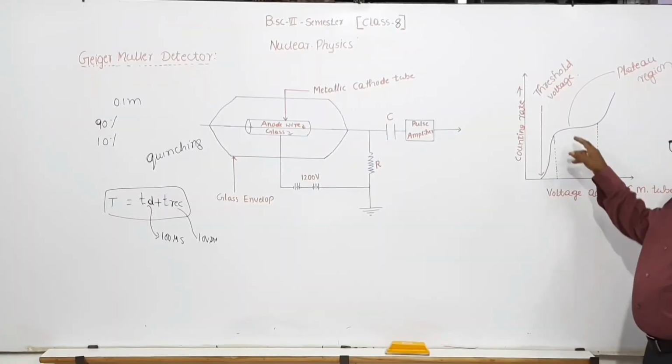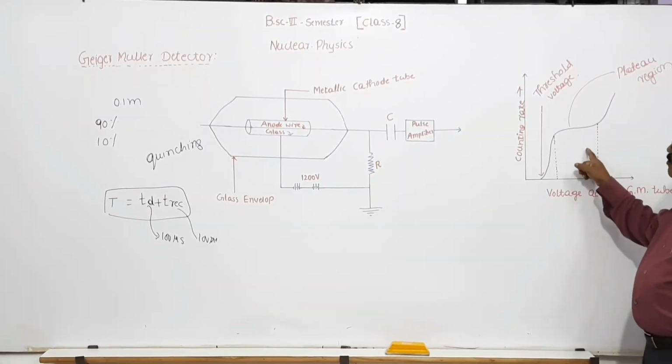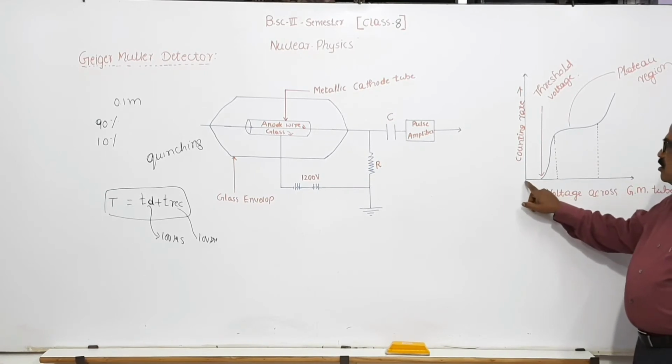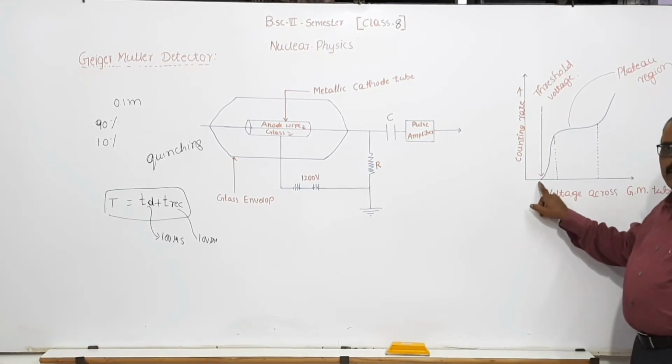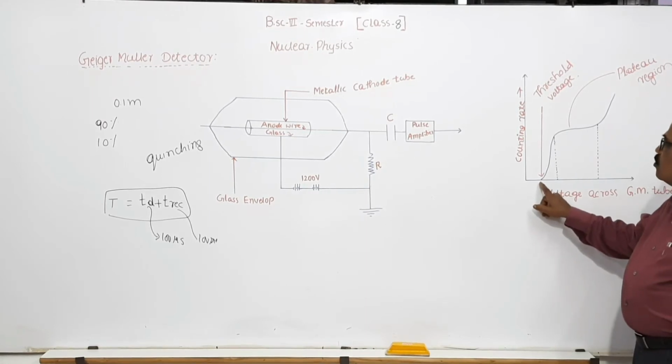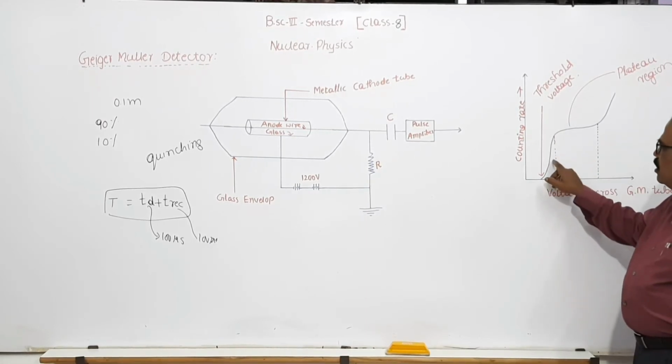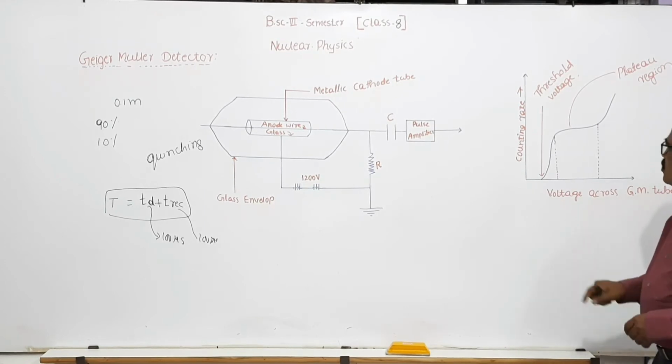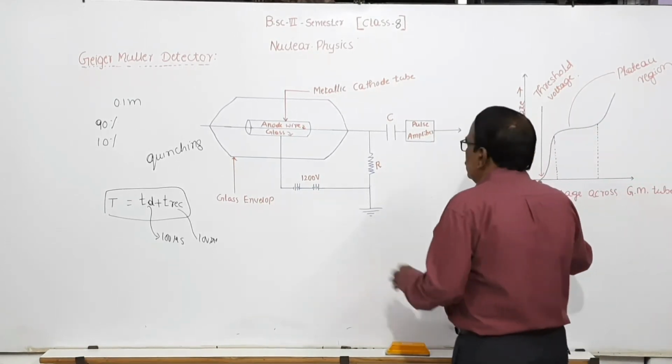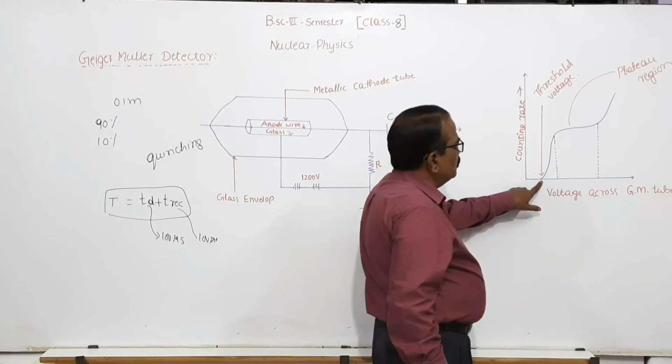Now the voltage characteristics of GM tube is shown in the figure. The tube remains inoperative until a voltage is sufficient to cause the development of an electron avalanche. So at a certain stage the counting rate starts.